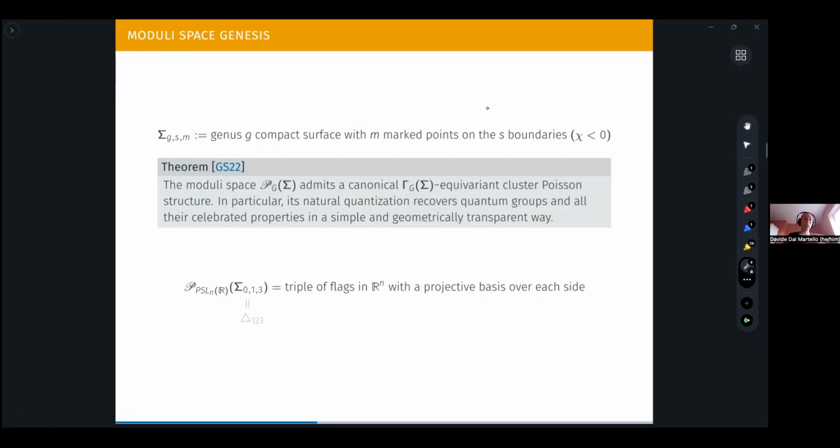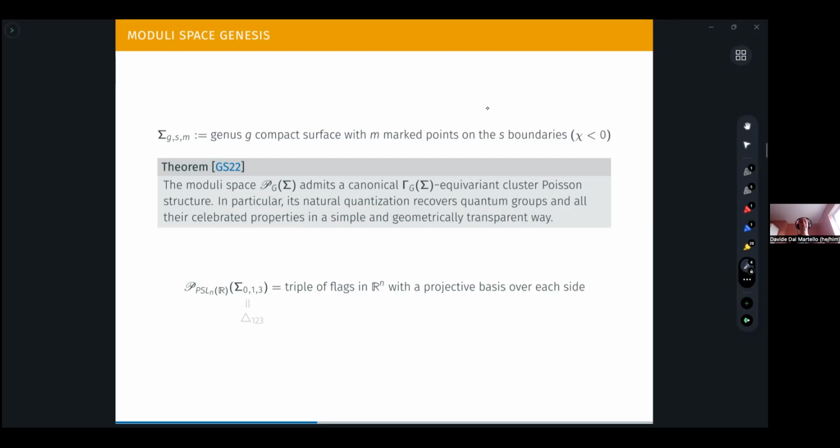This cluster Poisson structure is canonical. So you have a Poisson bracket on the space of functions, and these functions are endowed with a cluster structure, which means you can take cluster mutations and enjoy all the nice properties typical of cluster algebras, which are making them so popular these days, I guess.